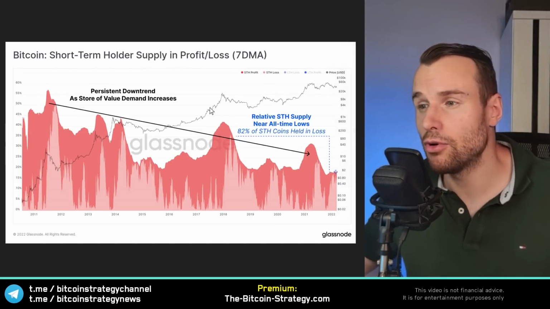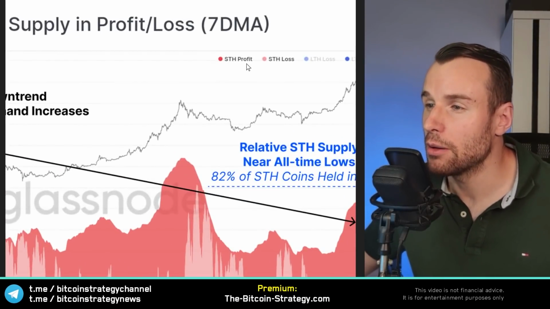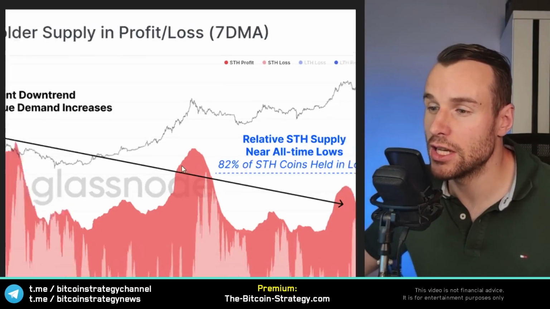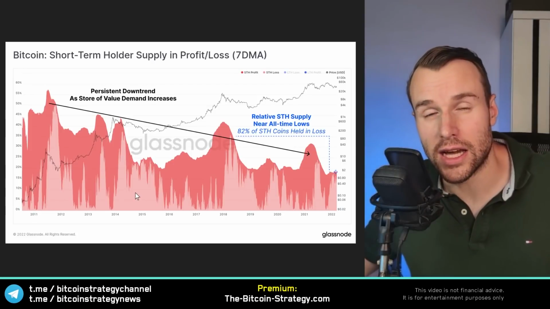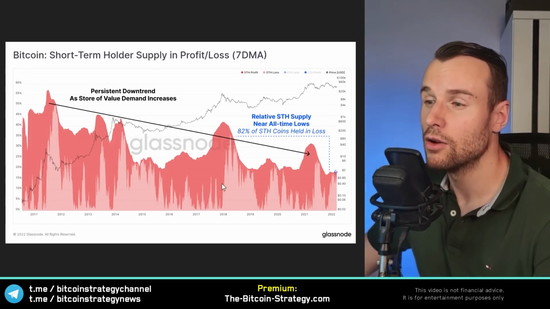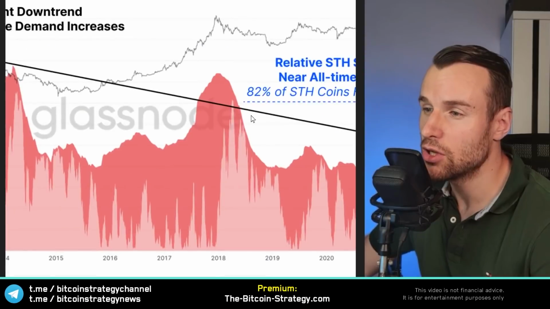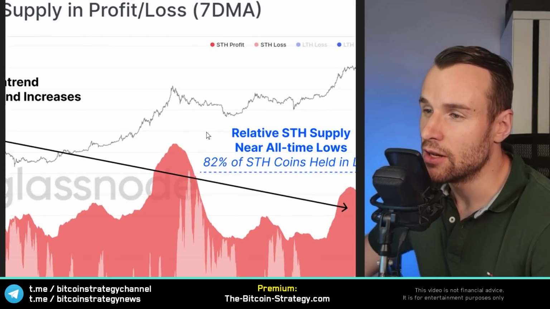The other data point here is actually how much of this short-term holder capital is in profit and in loss. And in loss means here just in light red, in profit means in dark red. Now, I don't give too much weighting to these short-term losses because it doesn't really significantly predict if we are really done with a bear market.